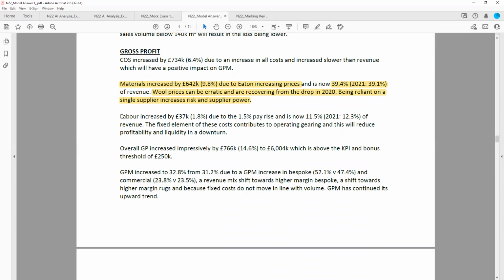So again, for labour: number, reason, further insight point, percentage of revenue. And we could also make a context point about operating gearing. These are fixed costs, and the fixed element of these costs would increase operating gearing. So again, exactly the same approach there.